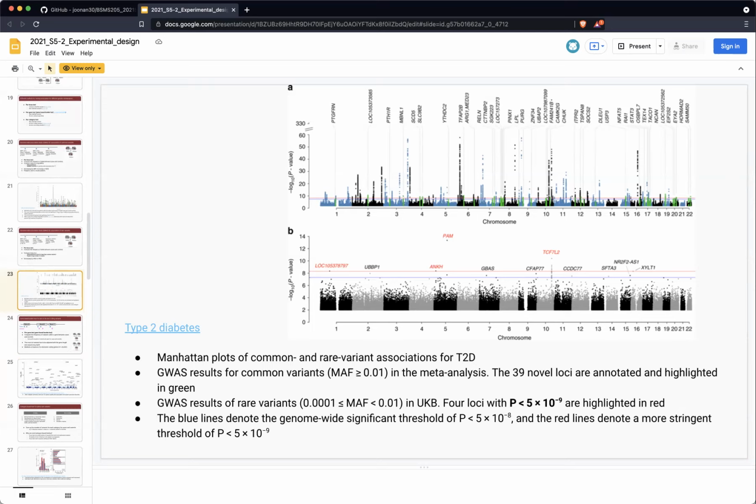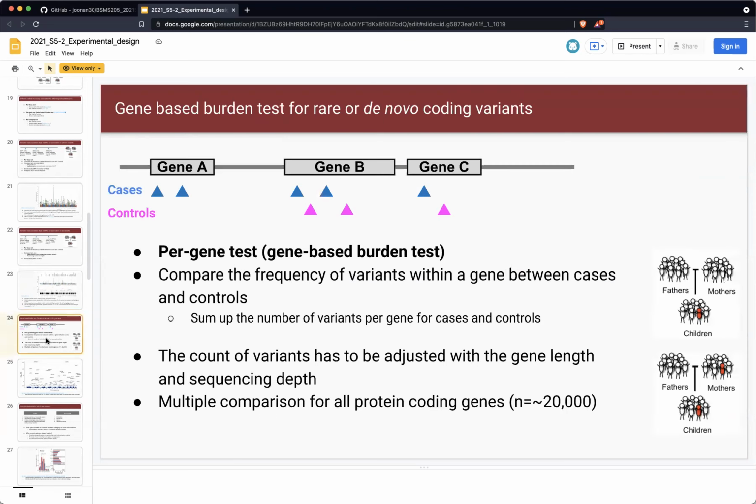If we study more and look at more datasets, we see lots of combinations of rare variants, common variants, somatic mutations, and de novo mutations. So you have to see that even if we see the same disorder, the disorder can be affected by many different genetic factors.